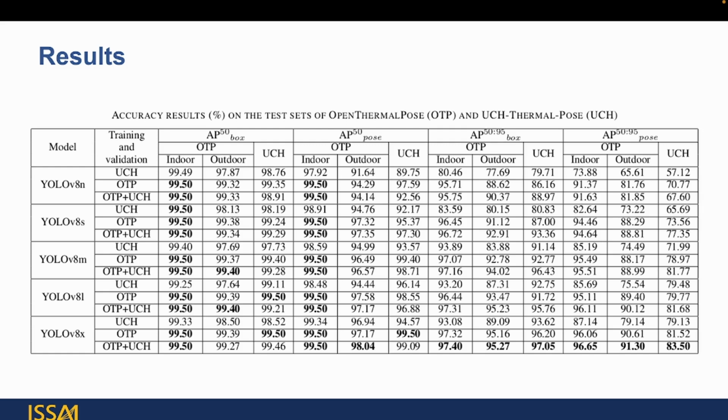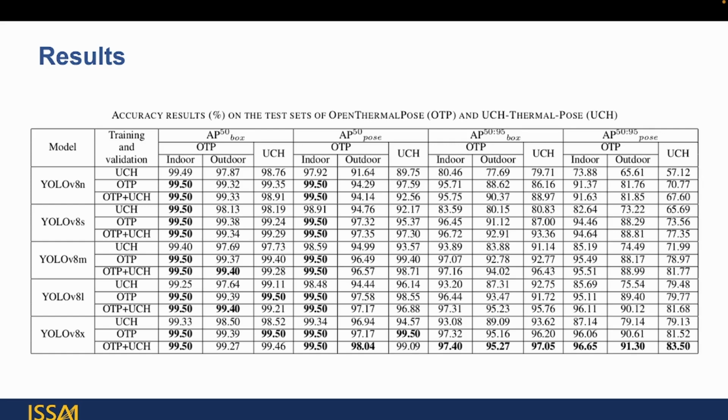The most compact YOLOv8-Pose model, initially trained on the UCH-ThermalPose dataset, achieved AP50 bounding box scores of 99.49%, 97.87%, and 98.76% across the indoor, outdoor, and UCH-ThermalPose test sets, respectively. Training on the OpenThermalPose dataset improved these scores to 99.50%, 99.32%, and 99.35% for the same environments.